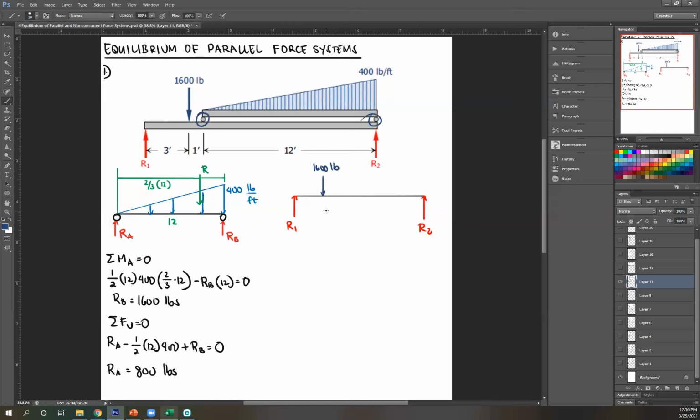Now, the reactions are gonna be distributed to your lower beam. RA, RB upward. Remember, whenever you're transferring forces, it should have consistent direction. So upward towards your beam, so forces here should also be towards your beam.